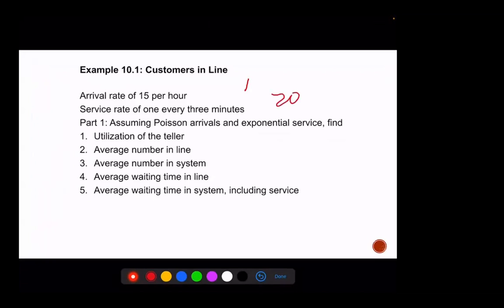Because we spend 3 minutes on each service and we have 60 minutes in an hour, we just use 60 divided by 3, then we have 20. So we know mu equals 20.